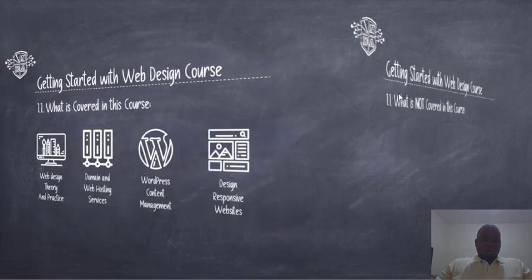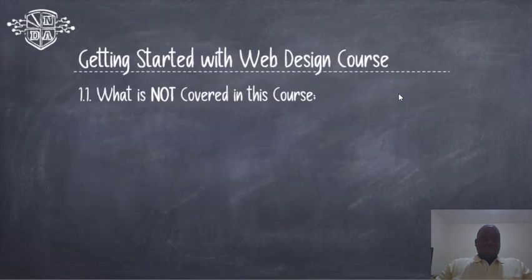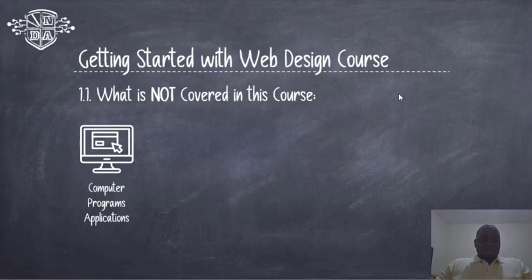What we're not going to cover in this course is computer applications, even though it is a requirement that you have a basic understanding of the different applications used in web design. For example, using computer applications like Word and everything else is not going to be covered in this course.